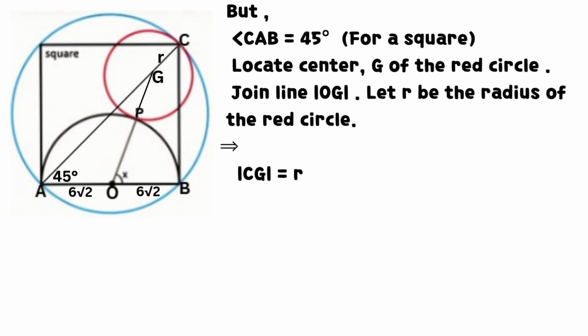Join line OG. Let the small r be the radius of the red circle. This implies that line CG equals small r. Let us find the value of line AG and line OG. Recall that P is a tangent point.